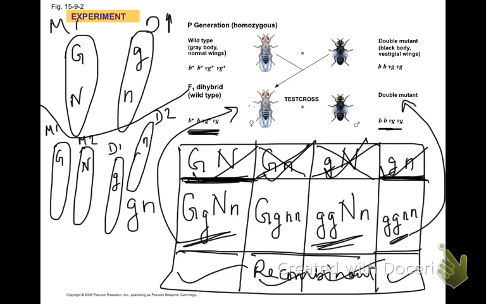Now let's see what the actual result gave us. I repeat, if I had a situation where these 2 characters that I am talking about for body color and wing size were present in the same chromosome, I would have a distribution or segregation in this pattern where I have only two parental kinds of assortment, and I would have had only these two qualities as my progeny or my babies.